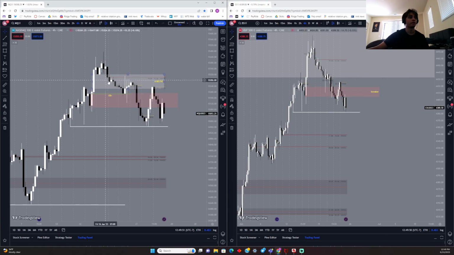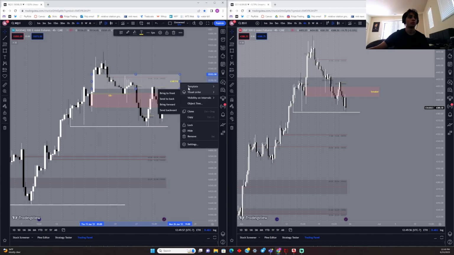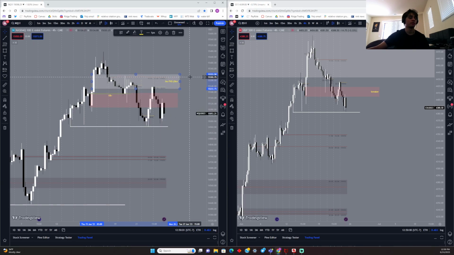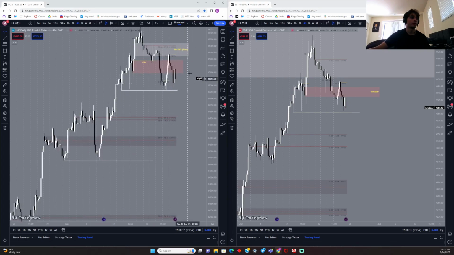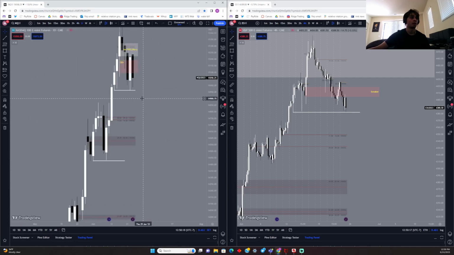We also have on the NQ chart a very clear FVG that did not hold, therefore making this an inversion FVG, which is also going to be additional resistance to the upside. So next week, the next targets on NQ are just continuing the downtrend, looking at this potential sell side liquidity down here.